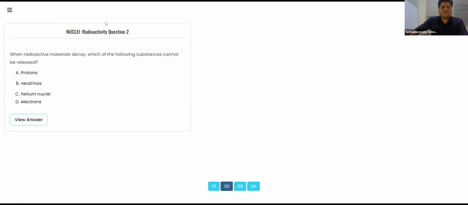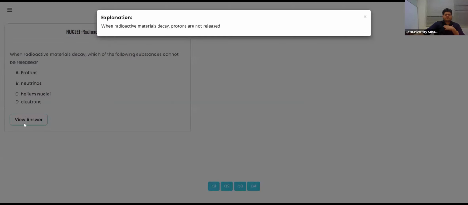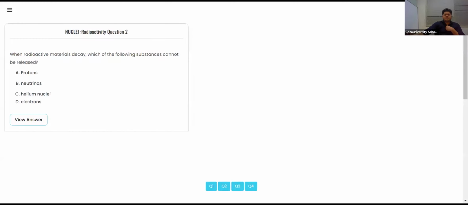Let's see the next one. When radioactive material decays, which of the following substances cannot be released? Protons are not released.